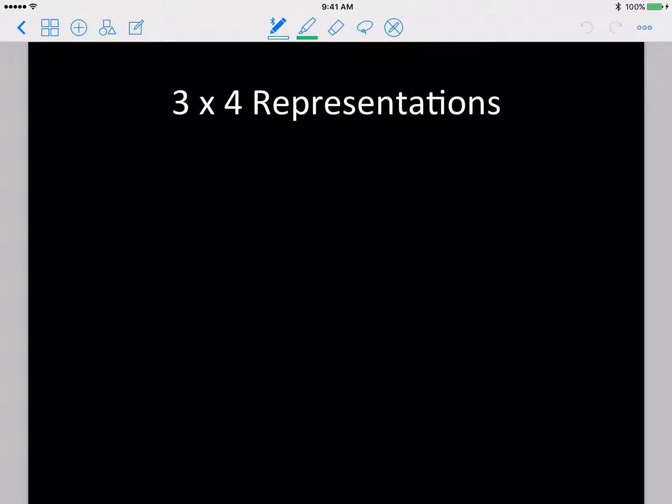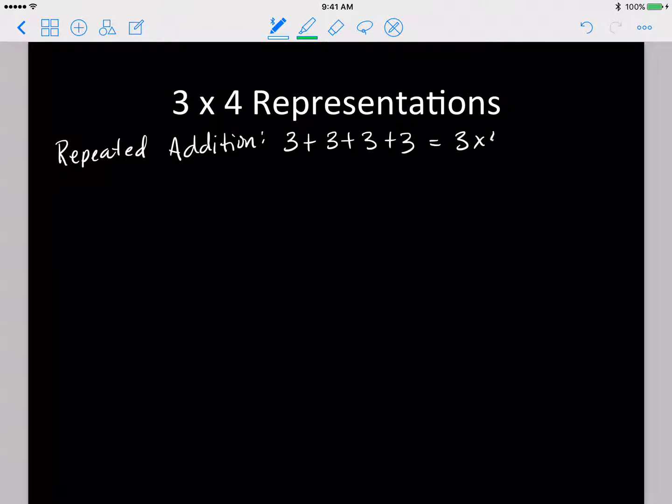So I did skip counting over there, or repeated addition, but I'll put it down again. So that would be 3 plus 3 plus 3 plus 3, and that's equal to 3 times 4.